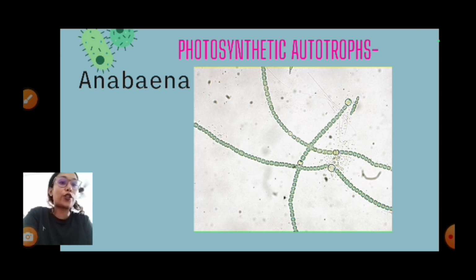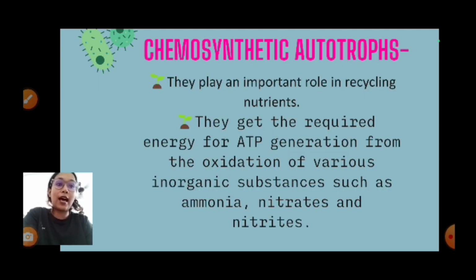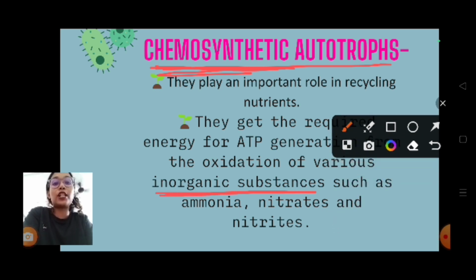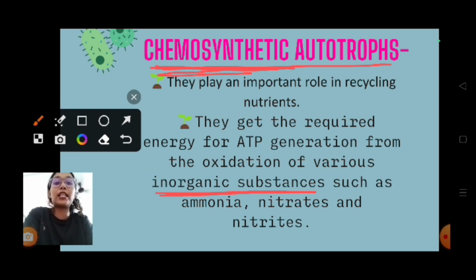So moving on to the next slide, we have a different type of bacteria, that is chemosynthetic bacteria. What do you mean by chemosynthetic? It means no photosynthesis is occurring here. They take up inorganic substances which provide them energy.